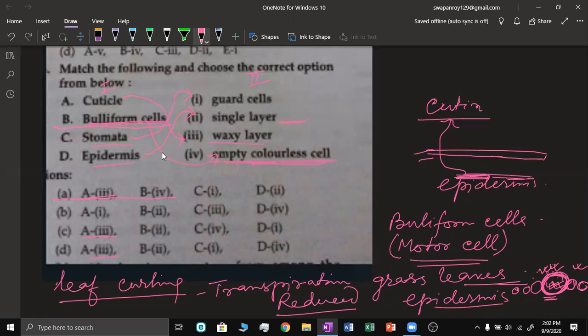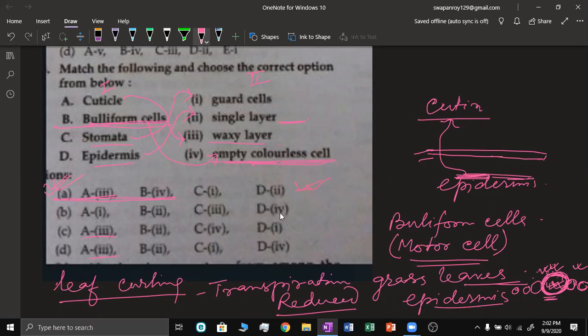D is 2, single layer. So by knowing 2, you can go for this answer. It is not necessary to know all of them; even if you don't know 1 or 2, you can make the answer.